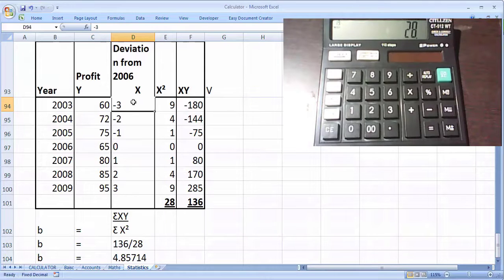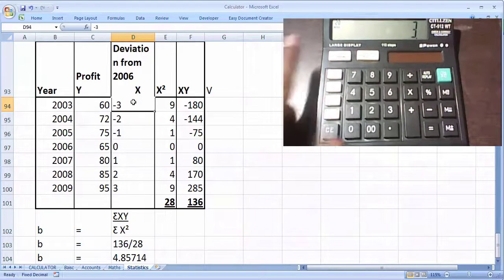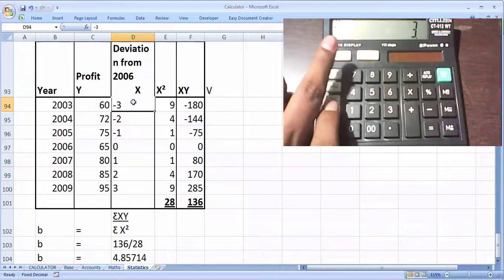Okay, now come to the numerator, sigma xy, x into y. 60 into 3. Tap on the plus or minus button.